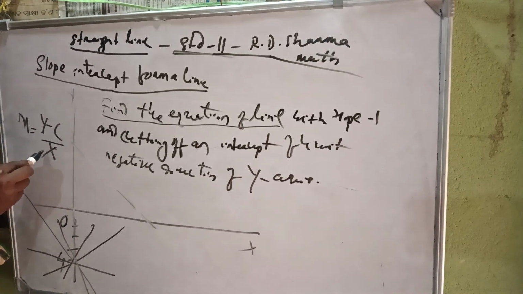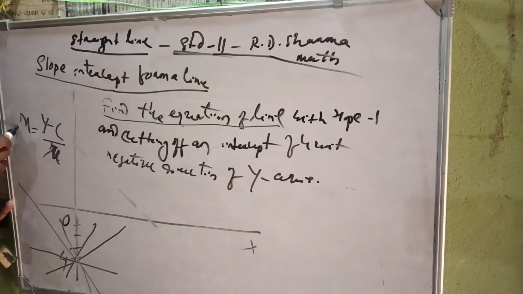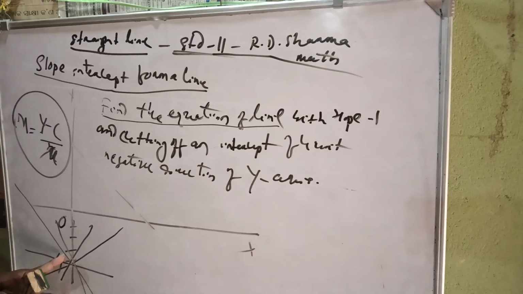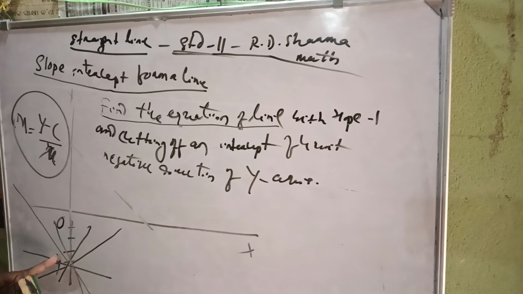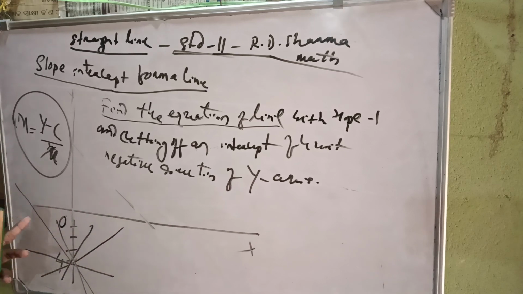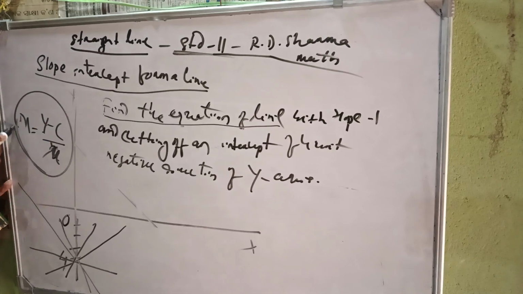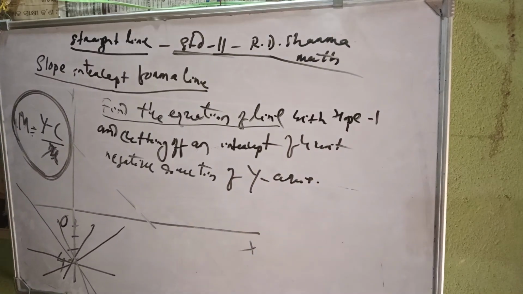By this formula, we will get which direction the line goes, either this direction, this or this. And there is also a concept for how we get this formula, m is equal to y minus c by x.